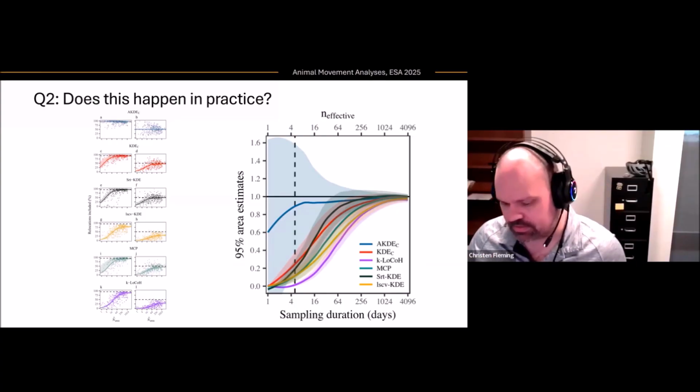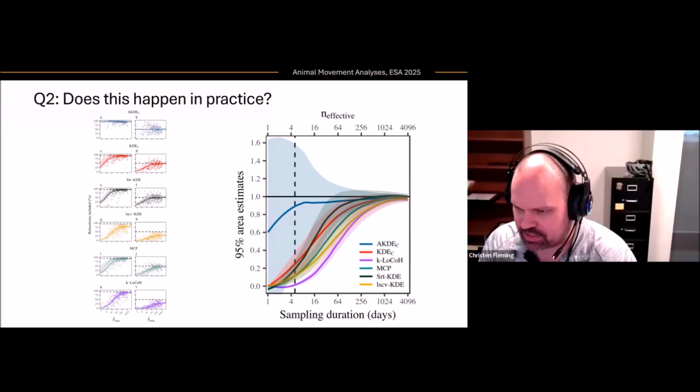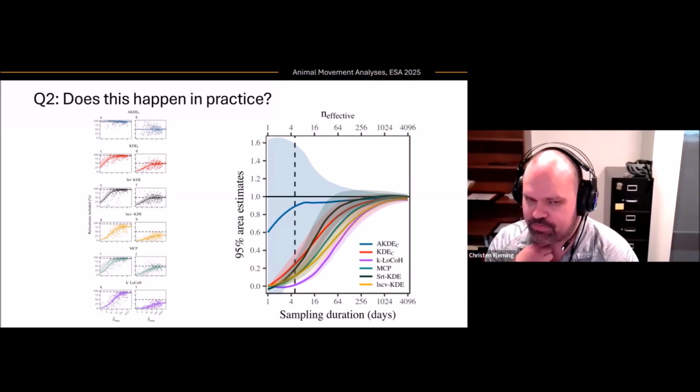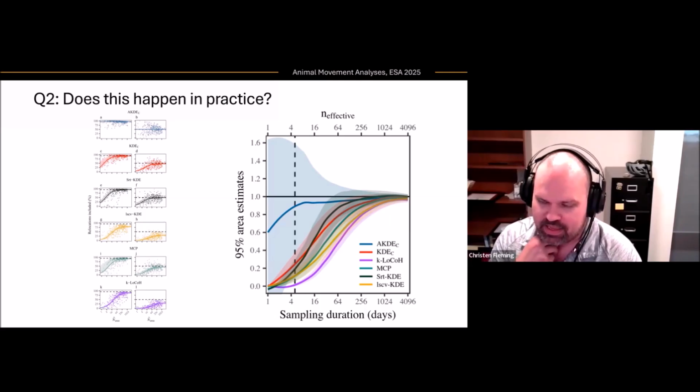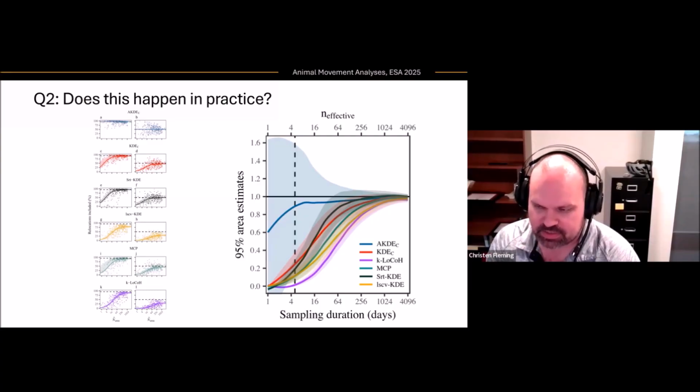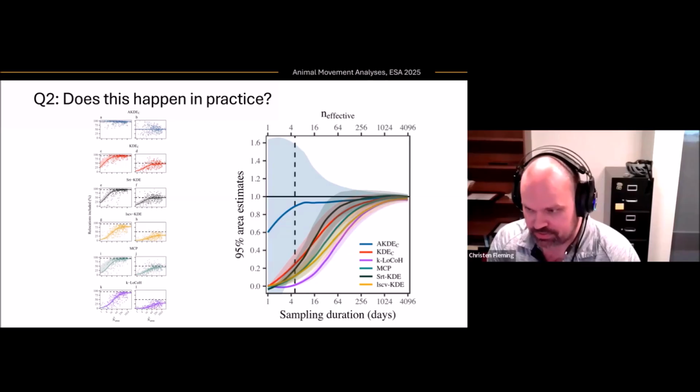Whereas the methods we put together, and this is the best that we had at the time, it was good to around 4 home range crossings is what you need to have an answer that wasn't too biased. And with the newer methods, you can get down to about 2 or 3 home range crossings and get a reasonably small bias. Now the variance and the uncertainty will be huge, but at least you will know it's huge. Whereas with all these other methods, you only get a point estimate.